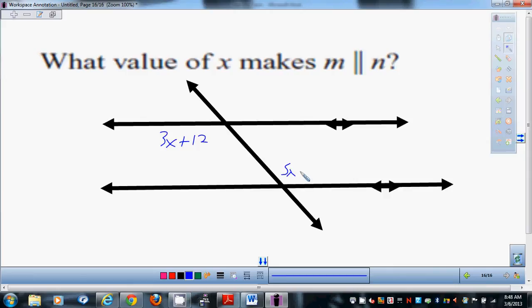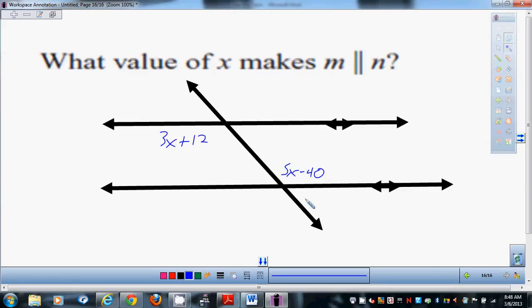They'll either need to be set equal or added to 180. If they look the same, then they are the same. If they look different, then they will be added to 180. Do these two angles look like the same measure? So you set them equal. What if it had given us this one and this one? What would we do then? Add them to 180. If they look different, you add them to 180. If they look the same, you set them equal.